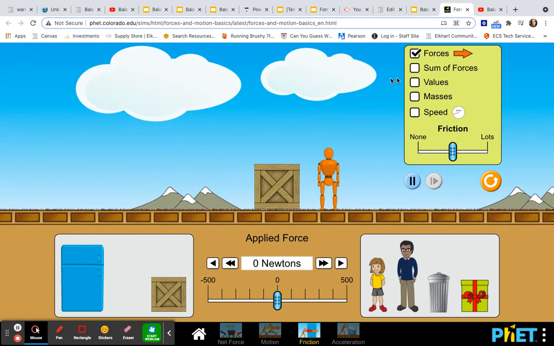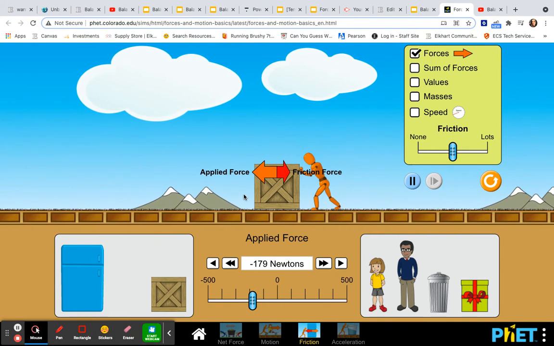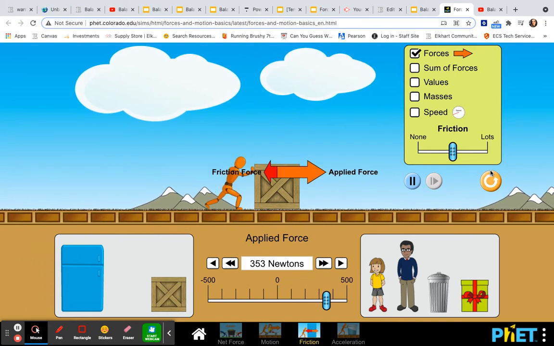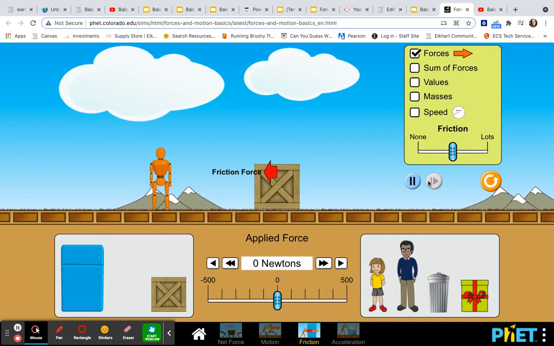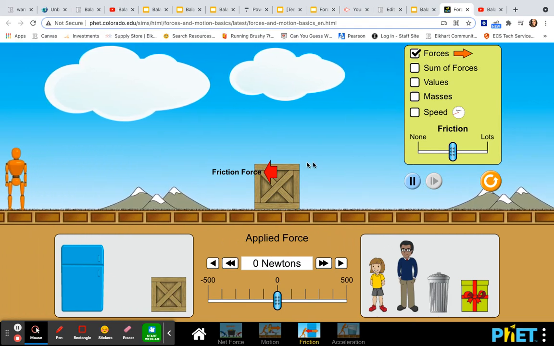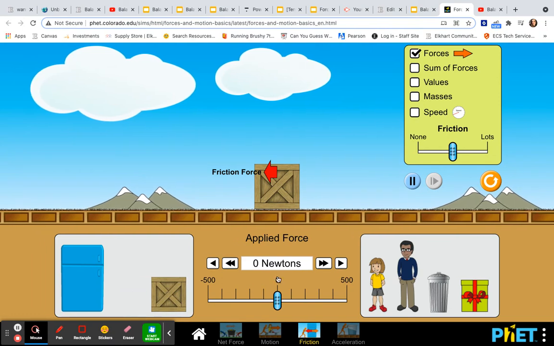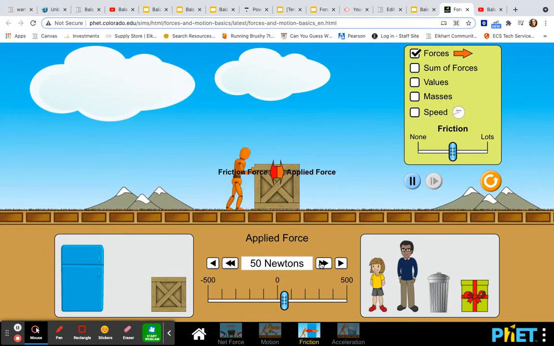You will do this for each one of these things. You will choose which newtons you want to do and take a screenshot and insert it here.